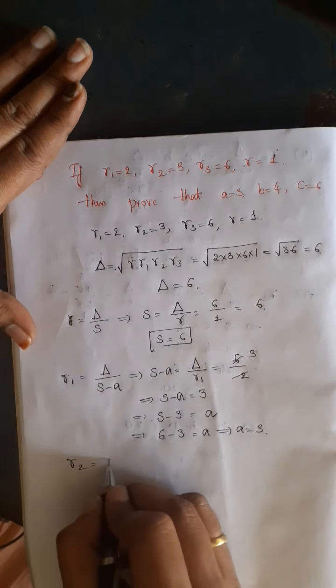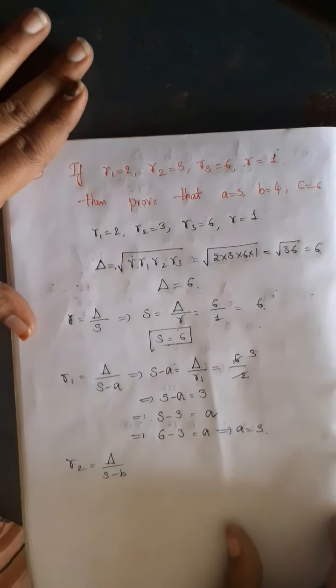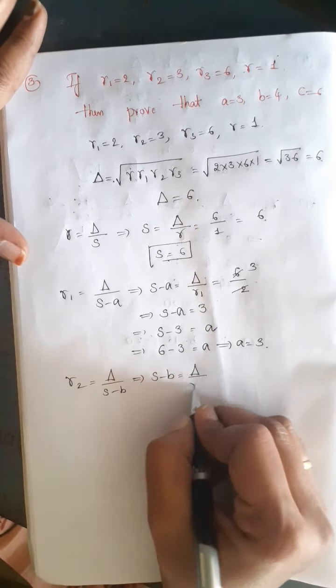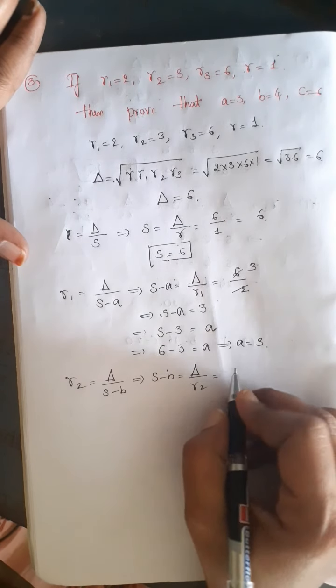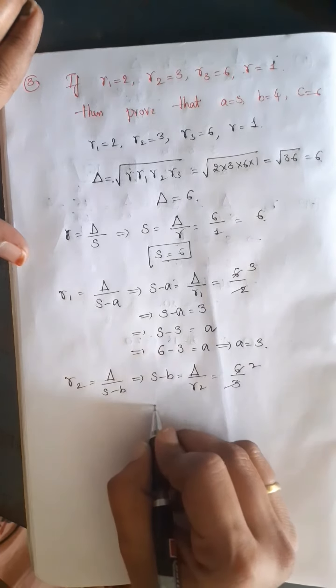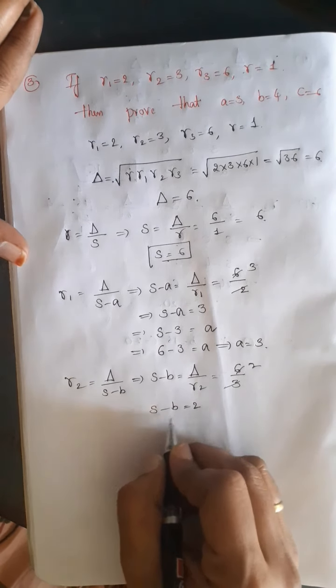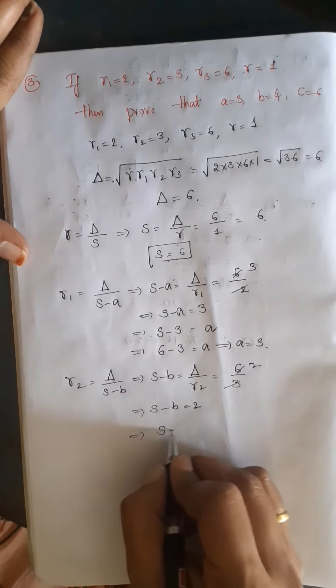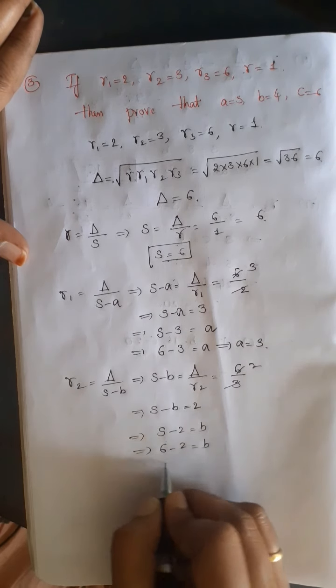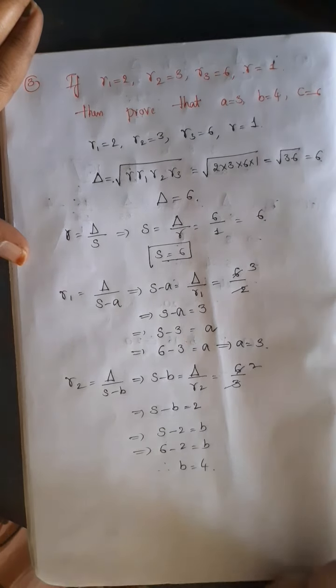Next, R2 is equal to delta by S minus B. So that implies S minus B is equal to delta by R2. That is, delta value is 6, R2 value is 3. 3 twos are 6. So S minus B is equal to 2. We want B, right? So that implies S minus 2 is equal to B. S value 6 minus 2 is equal to B. Therefore B is equal to 4.